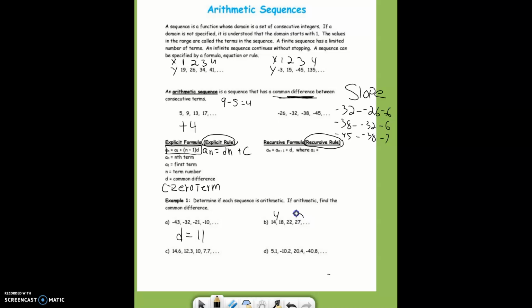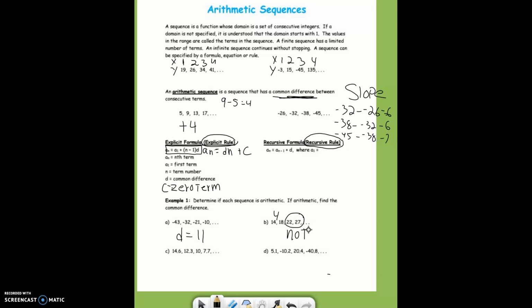All right. So again, you've got to be careful. You've got to check all of them. This is not an arithmetic sequence because this does not all go by the same number. All right. And then the other one is, let's see, 12.3 minus 14.6, so we have going down by 2.3.